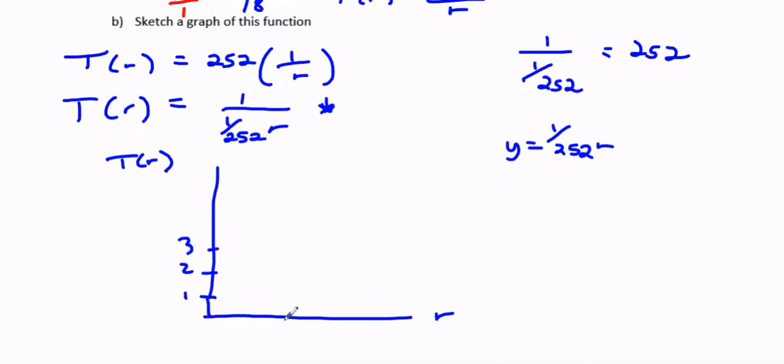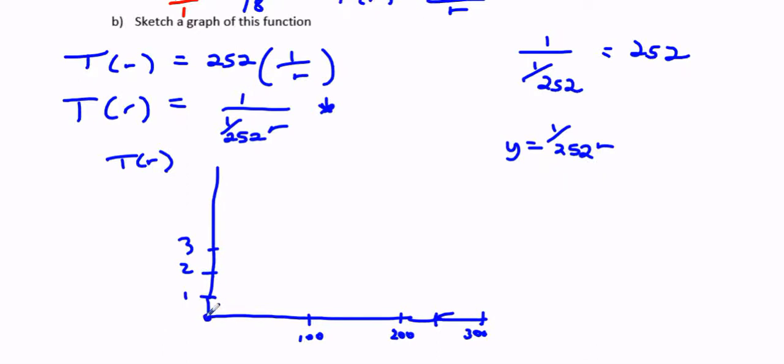This is 100, 200, and 300. If I wanted to graph this, one of the points is 0, 0.